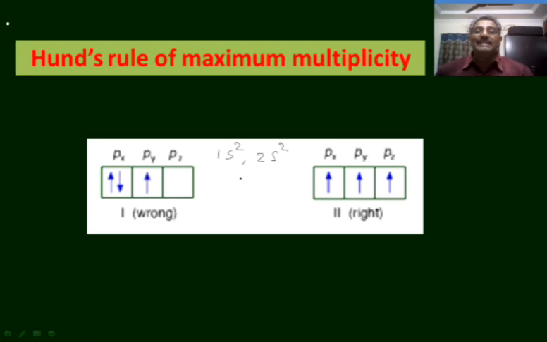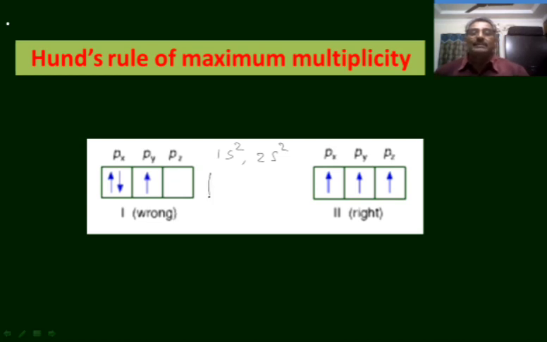In filling these 3 electrons, suppose the first electron occupies the px orbital. The second electron can either pair with the first electron or occupy the second orbital. That is, there are 2 choices for the occupation.